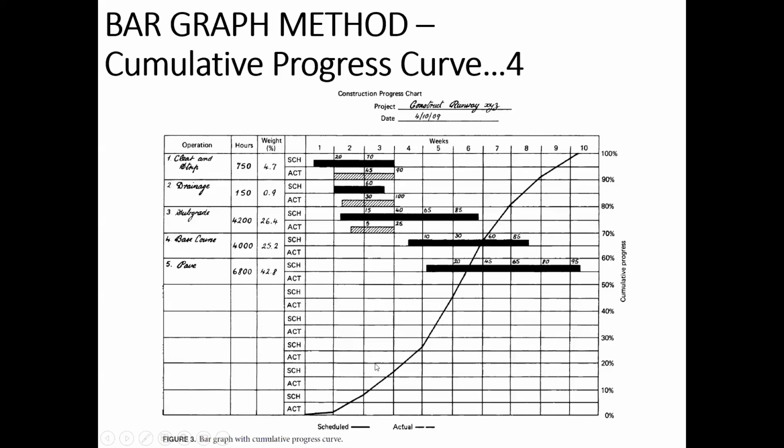This progress curve, which we have shown over here, you can see that the shape of this curve is very important, and from a large number of construction projects, many of those projects result in this type of curve.